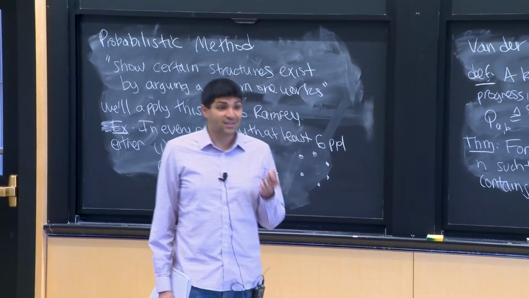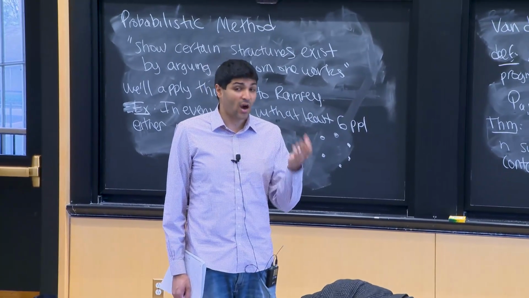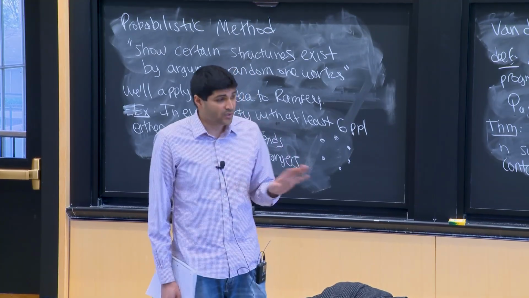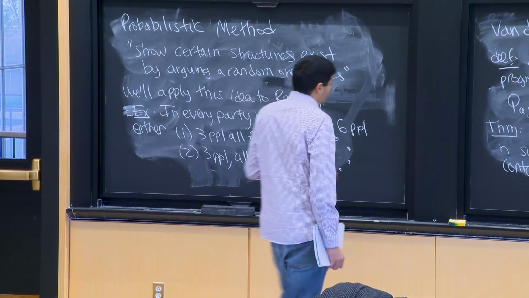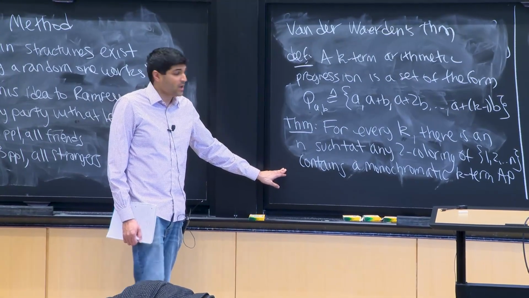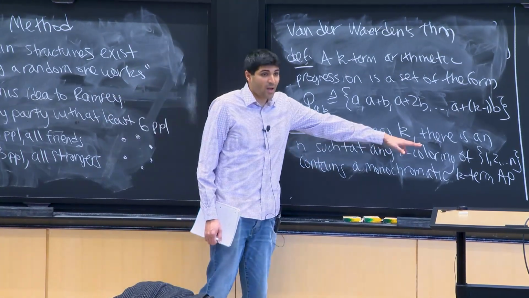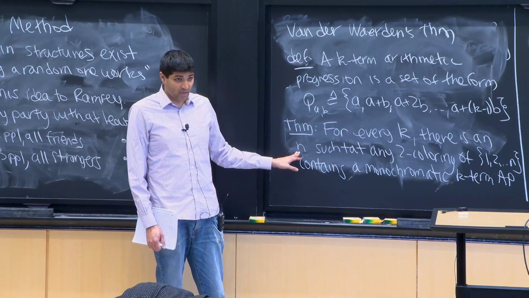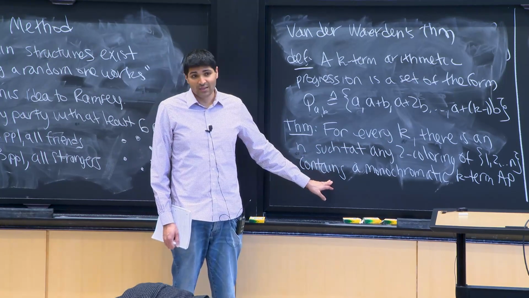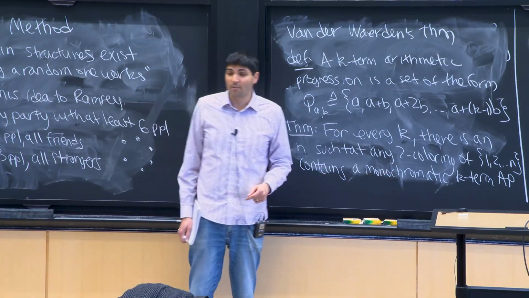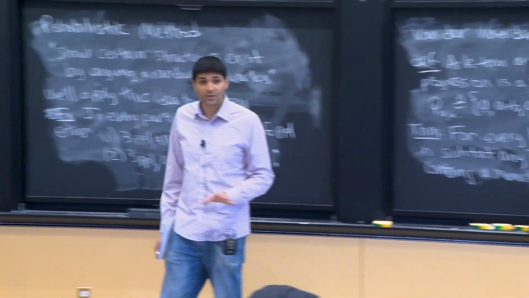Somewhere in that set is sitting some entirely red or entirely blue arithmetic progression. This is one example of a much more interesting version of Ramsey theory: any large enough object, which in this case is a two-coloring of the integers from 1, 2 up to n, must necessarily contain this ordered substructure, which in our case is this monochromatic k-term arithmetic progression.